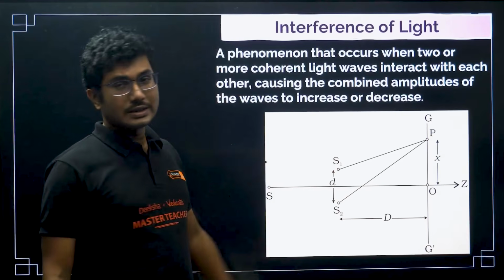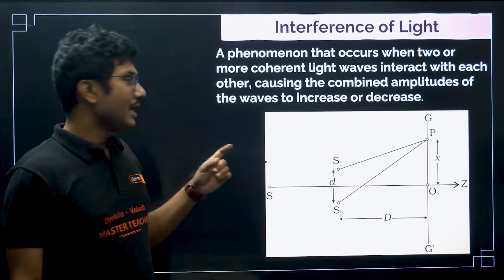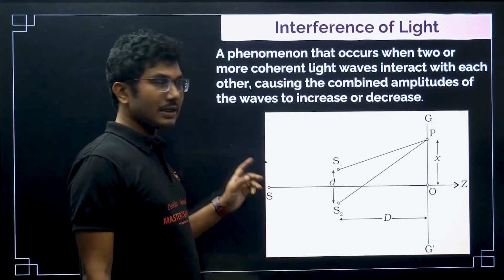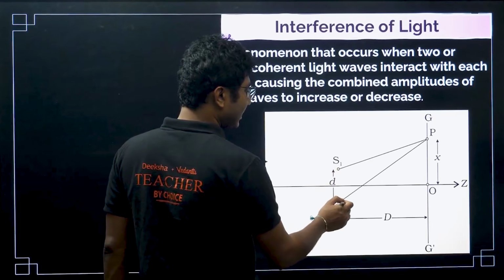What he has done, here we have a source. I discussed it in the last class as well. Here we have a single point source, and here we have two different slits.